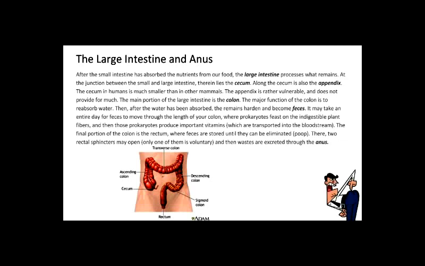At the junction between the small intestine and the large intestine lies the cecum, which is used for digesting some of those very complex carbs, proteins, and lipids that maybe a plant eater might eat, such as a koala bear.